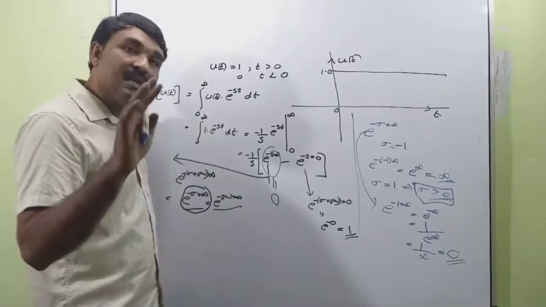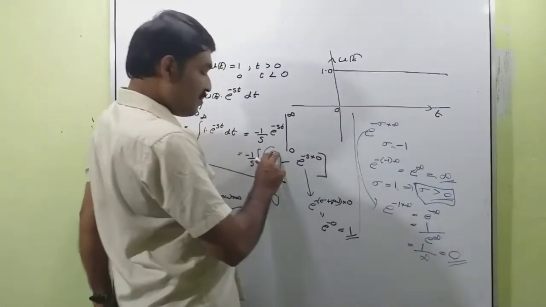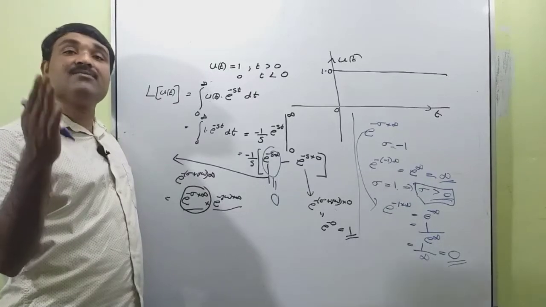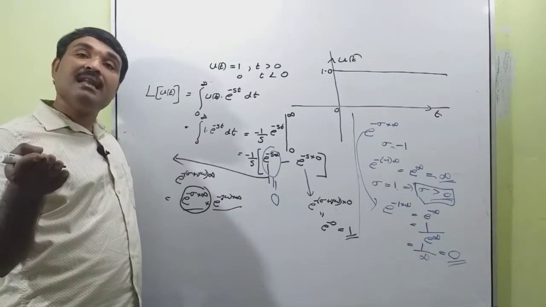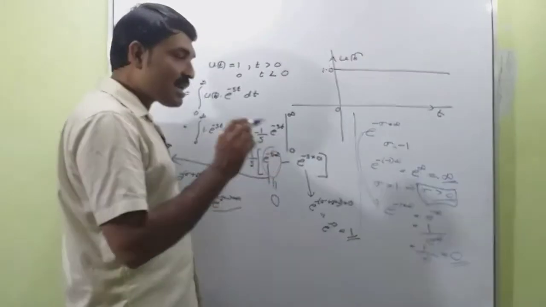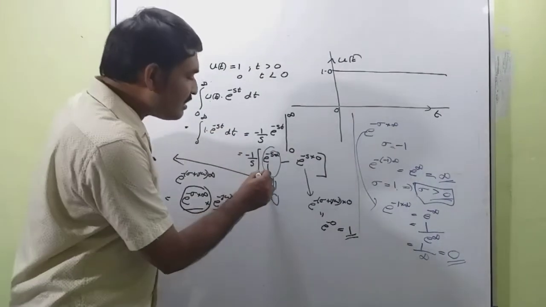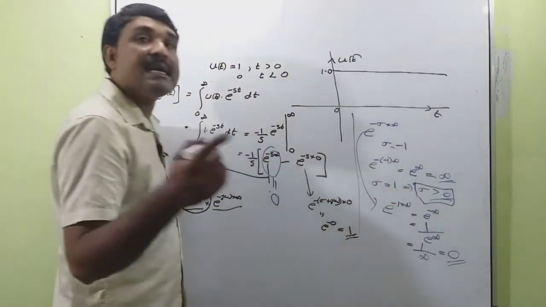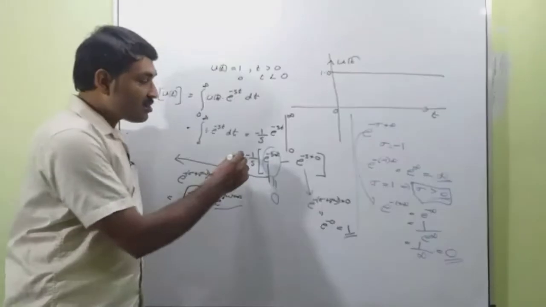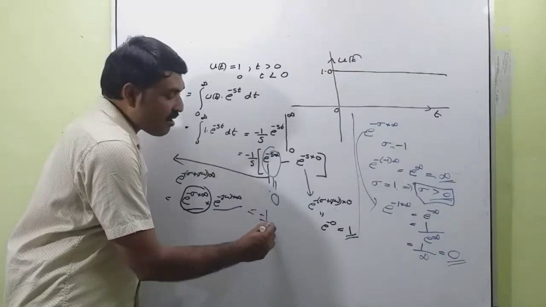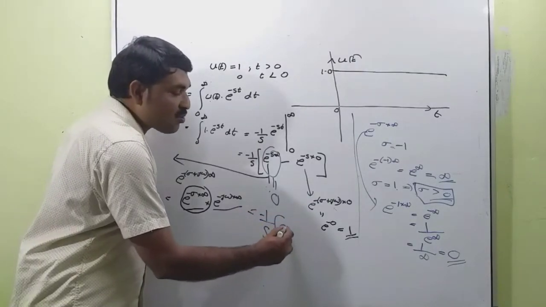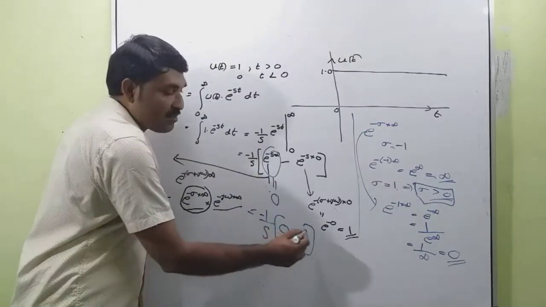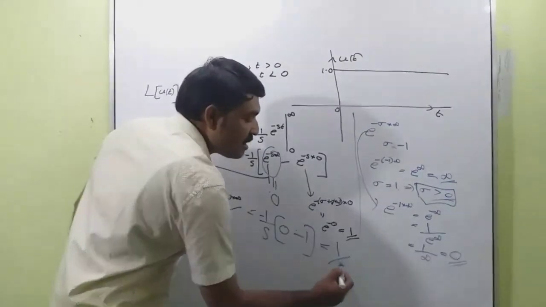When sigma is less than 0, this term becomes infinity and the Laplace transform does not exist. So this Laplace transform is defined only when this term is equal to 0. This term becomes 0 when sigma is greater than 0. So this becomes minus 1 by s into 0 minus 1, that is equal to minus 1 by s into minus 1, that is equal to 1 by s.